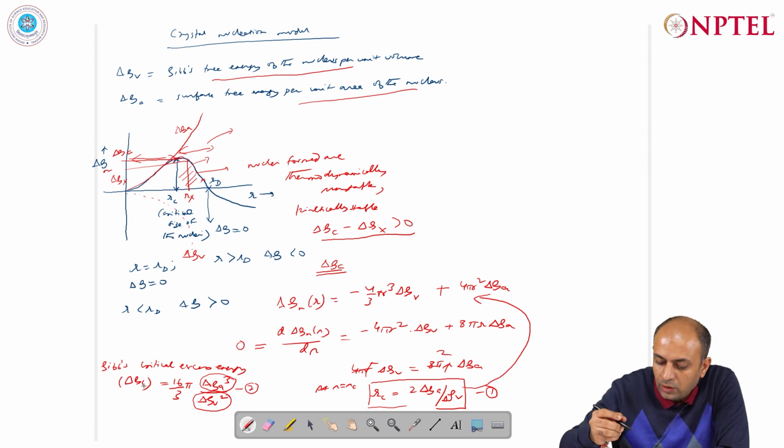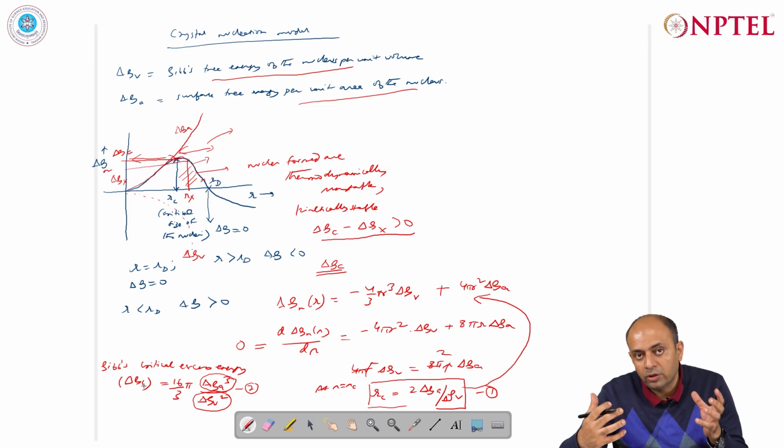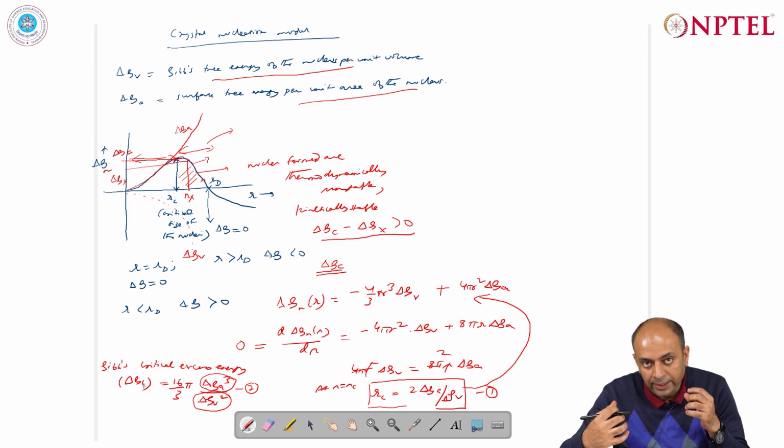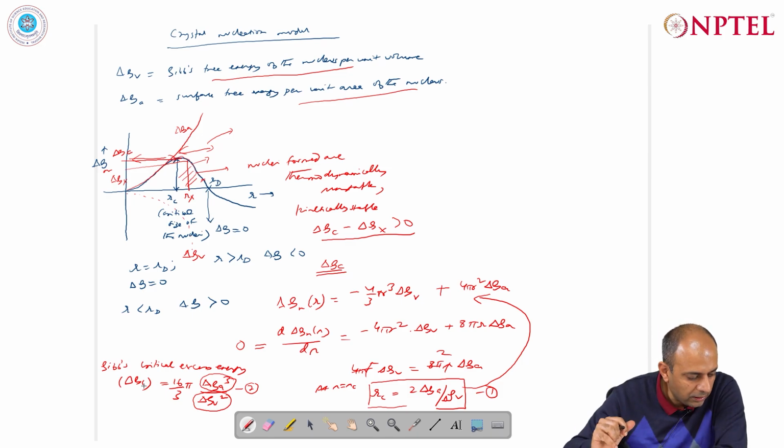So once the nucleus has become sufficiently large in size, then there is a decrease in the free energy associated with the formation of the bulk crystalline material, and the interfacial energy does not become very significant now. And we also keep in mind that the concentration fluctuations are also there that aid in the process of crystallization once you have exceeded the critical size.